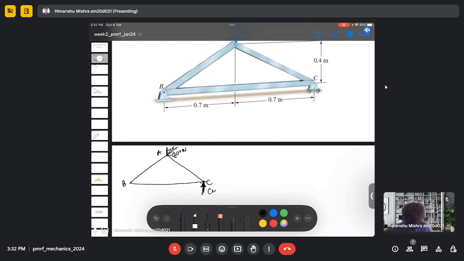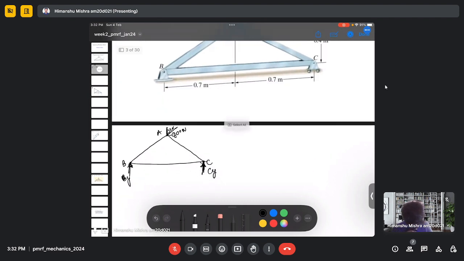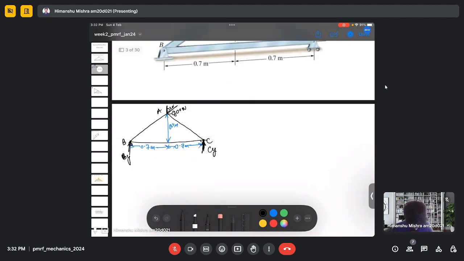This is, let's say, my CY, this is my BY. And this is 0.4 meter, and this is 0.7 meter. And we need to calculate the force at each joint.